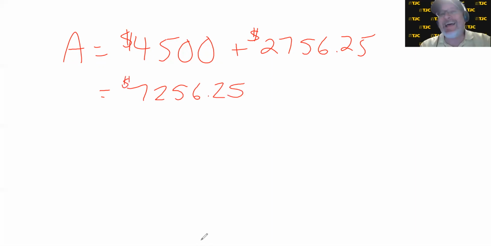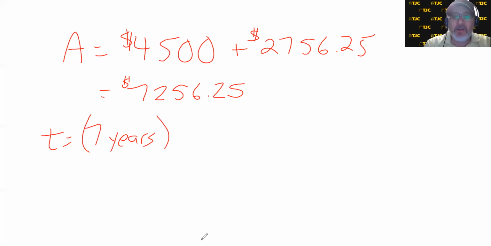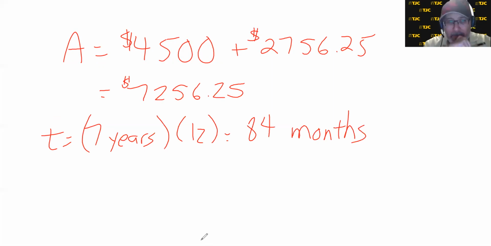The monthly payment is that divided by the number of months. But the number of months is the term when we convert it to months. So if we do 7 years times 12, that's 84 months, 7 years to pay off a jacuzzi.